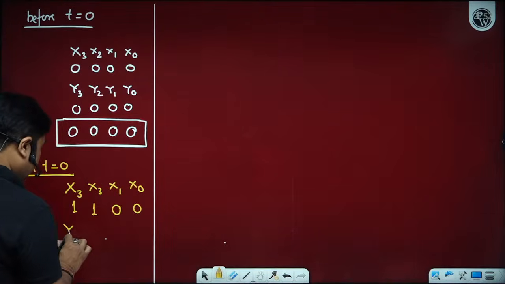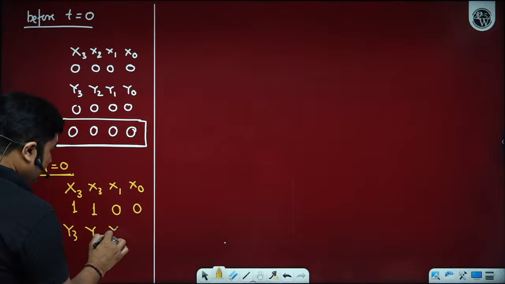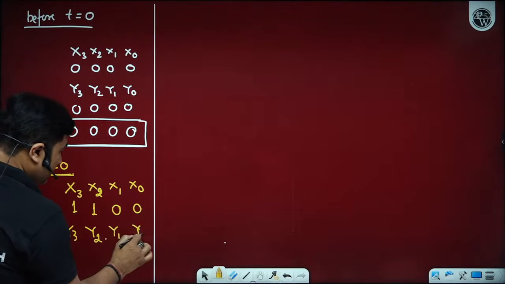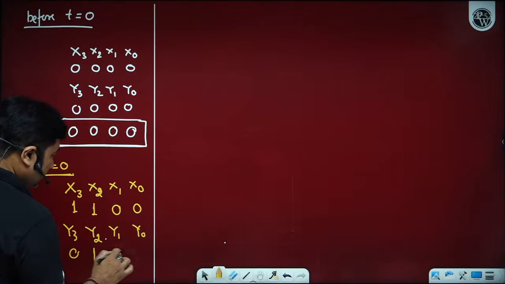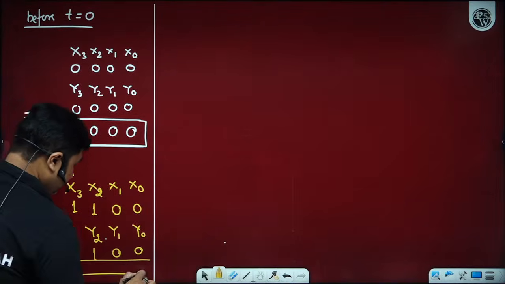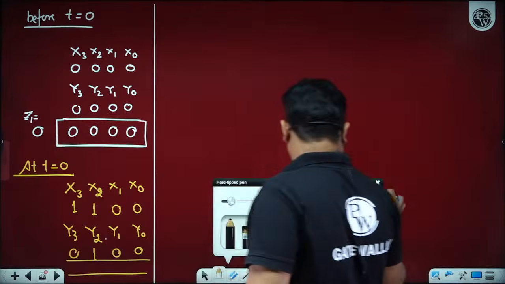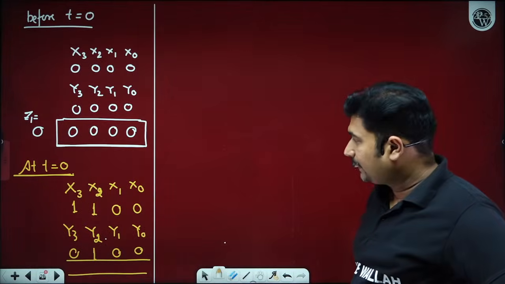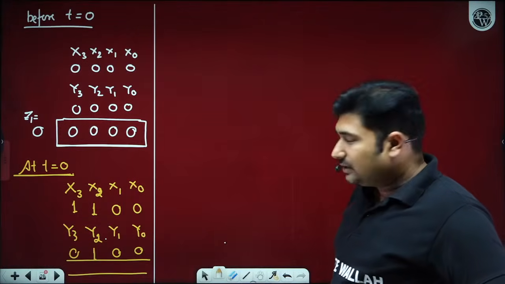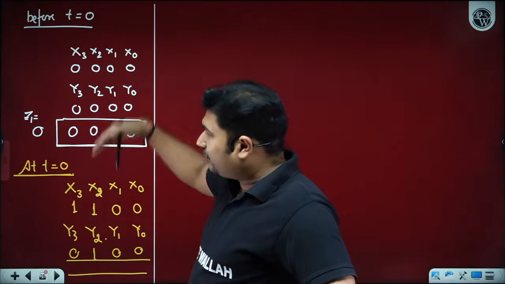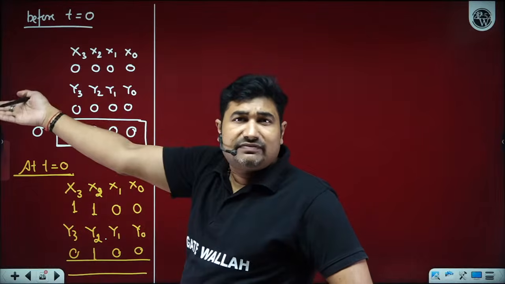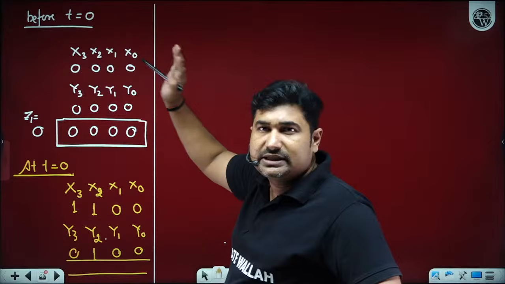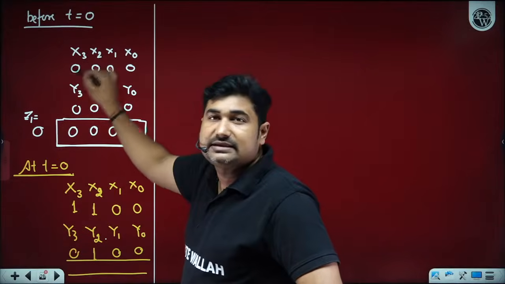It becomes 0, 1, 0, 0. The data is changed. How many of you can see this? Great, sir. So from minus infinite time to t equals 0, the circuit is in this state.